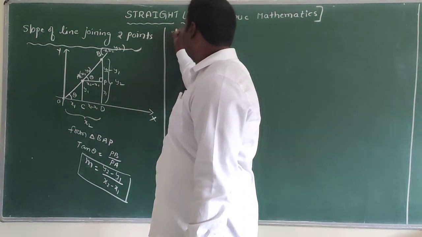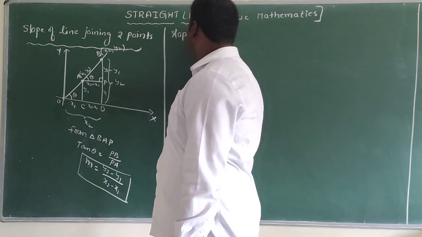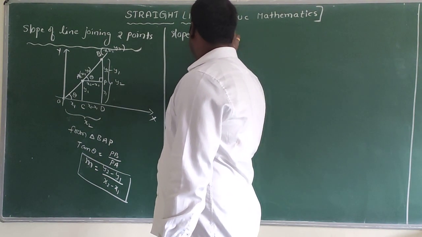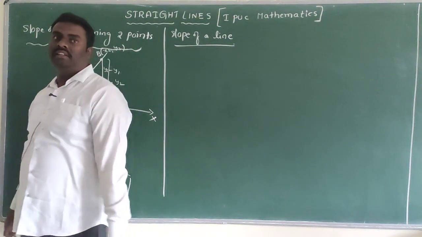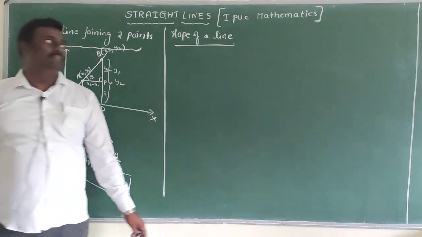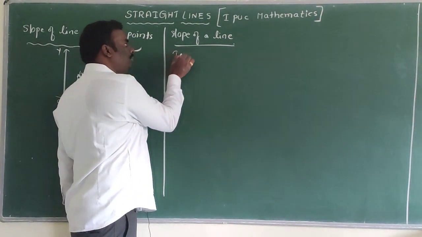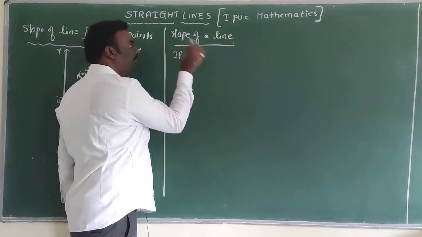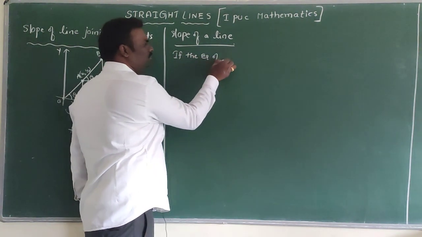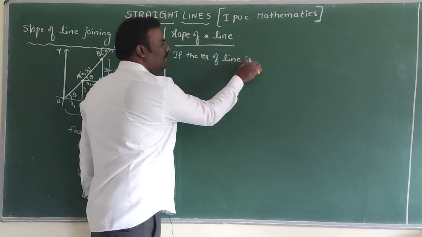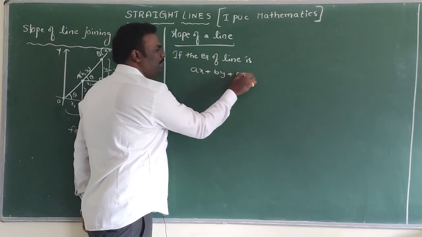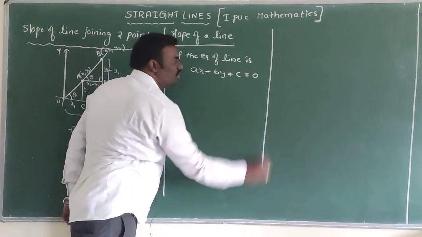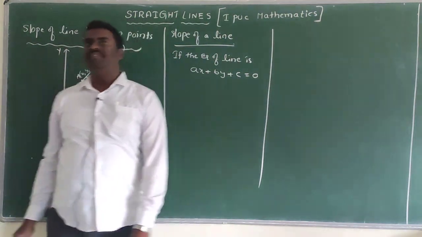Next, third one also slope of a line. How to find slope of a straight line? If the equation of line is ax plus by plus c equals to 0. So this is the general form of straight line.